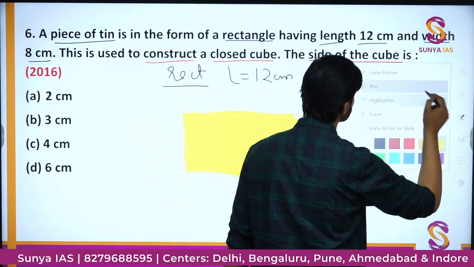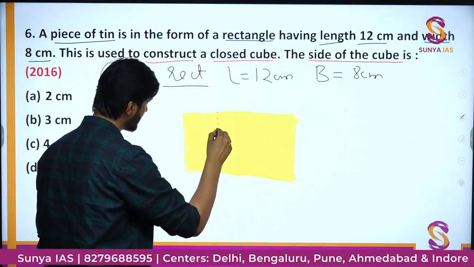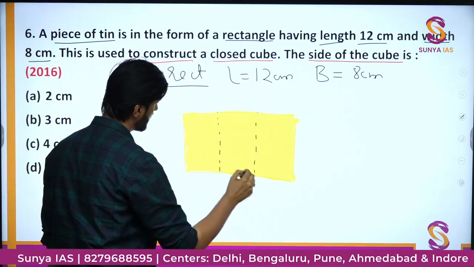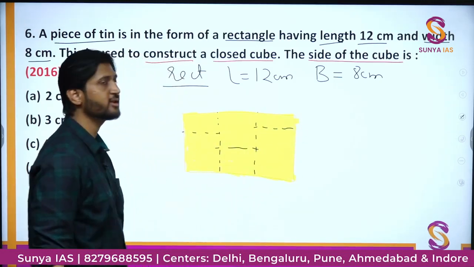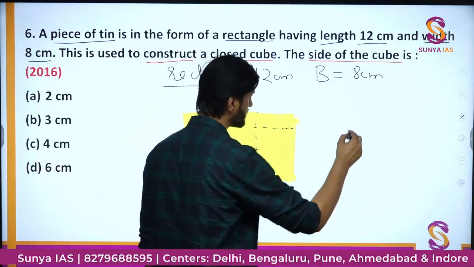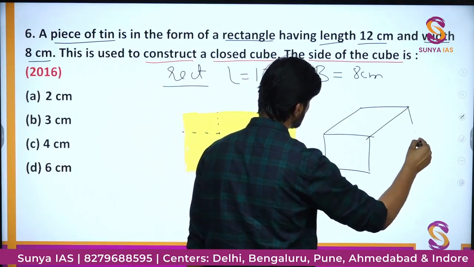Using this sheet, we are cutting different pieces out of it, and we are joining them together in order to make a cube. Let us draw a cube also. Using that, suppose we'll make a cube.